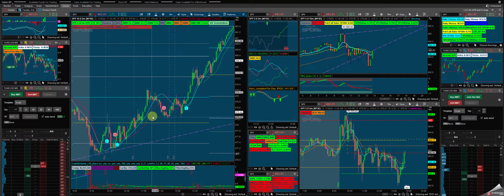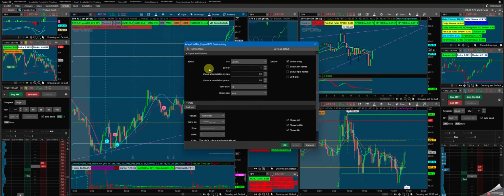But what I have found is by adding this Chande VWAP and this Hull moving average, which I've talked about at length before, and I really don't want this to be a big technical video.